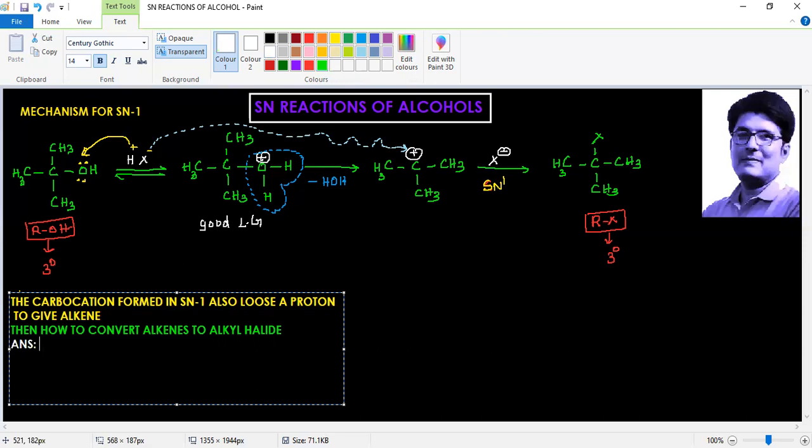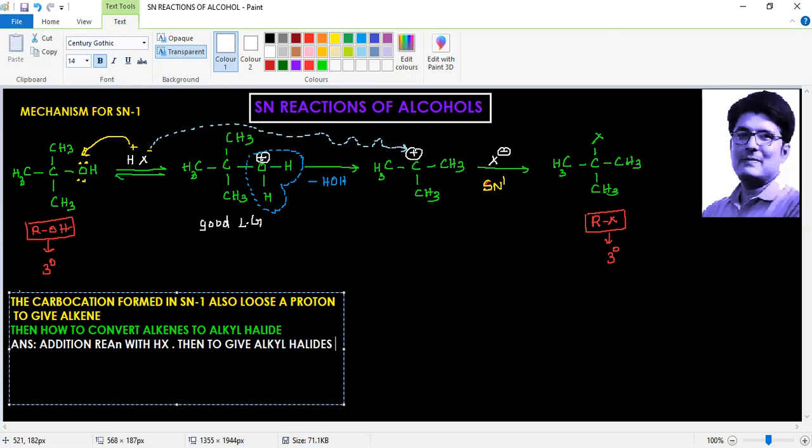Whenever an alkene compound reacts with hydrogen halides, it is an addition reaction with HX, hydrogen halides, and it gives alkyl halides.